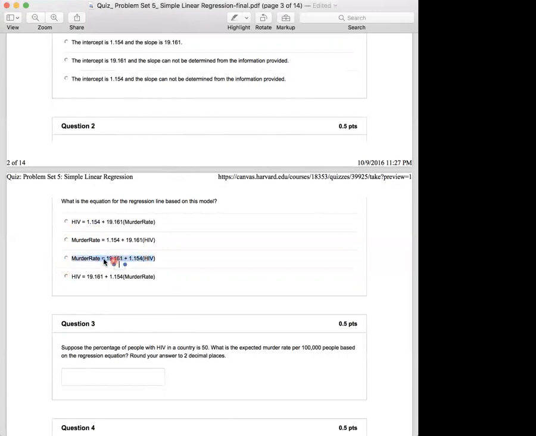And we know this because the intercept is when we set our slope to 0. Basically, after this, it's a plug and chug. So what is the slope here? The slope is defined by how much the murder rate, our y variable, increases for every 1 unit increase in our x variable. I'll say that again. The slope is the value here, and it is how much our y variable increases for every 1 unit increase of our x variable.